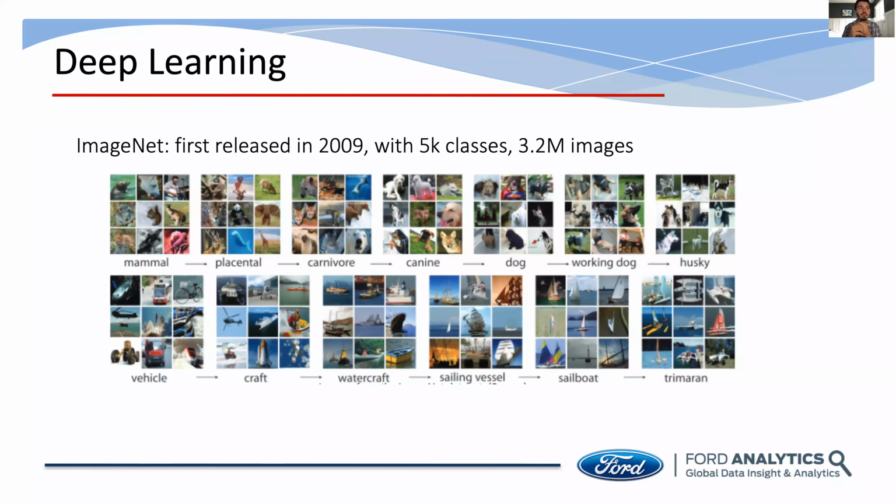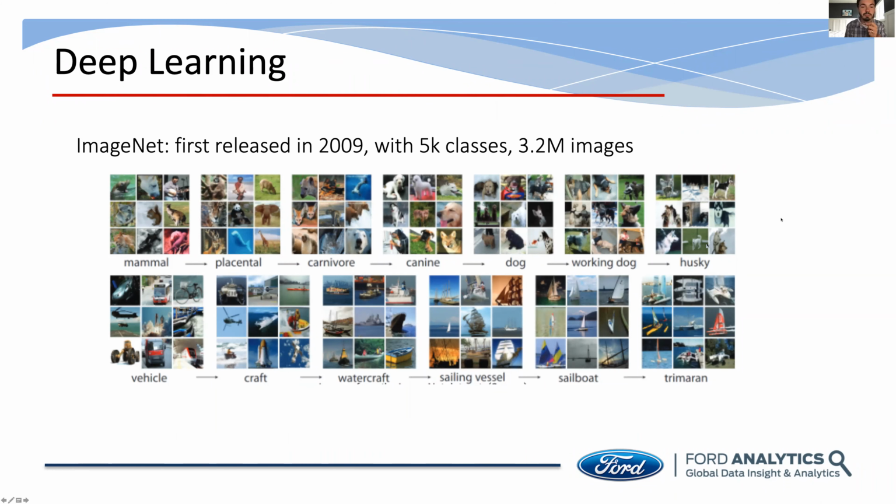So millions of images with thousands of distinct labels. This structure here of going from this general mammal on the left down to husky on the right, that organization was important for the construction of this data set, but the data set ultimately is just these images on the right with specific labels like husky or trimaran below it.